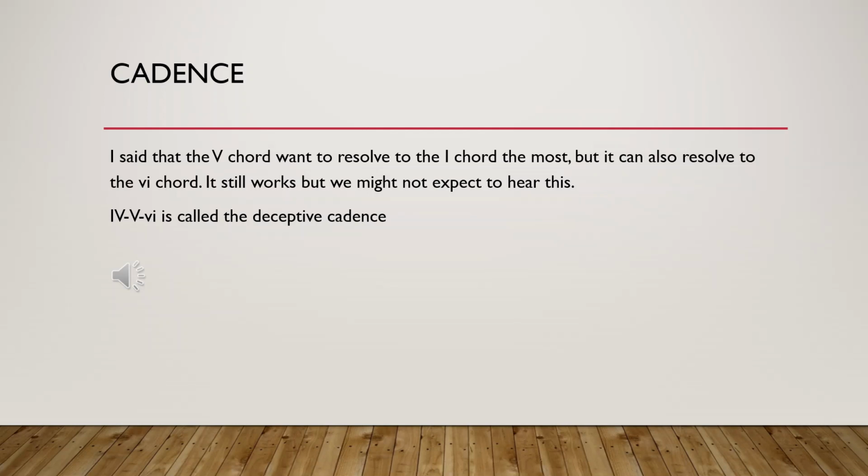You would think bom, bom, bom, bom, bom, bom. Your brain would think it go back to 1, but it goes to the 6th minor chord, and it works as well because the tension has been released. But because it's more obvious to go back to 1, this is called a deceptive cadence.